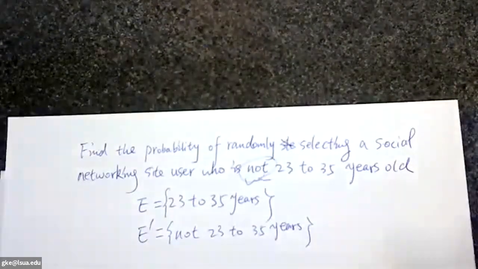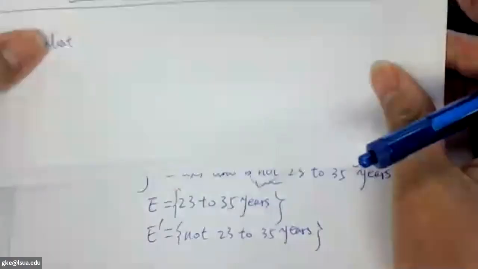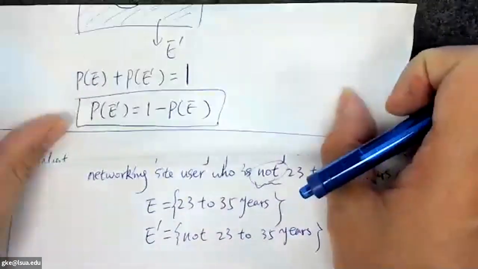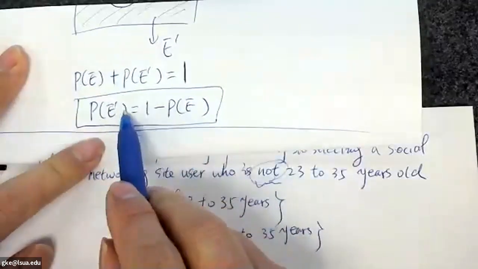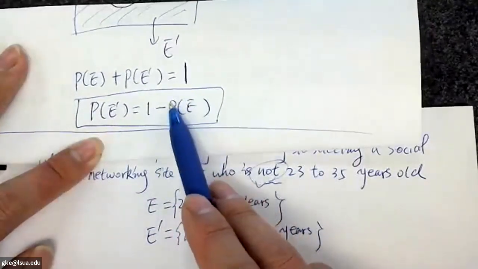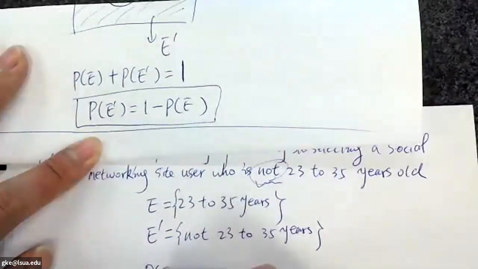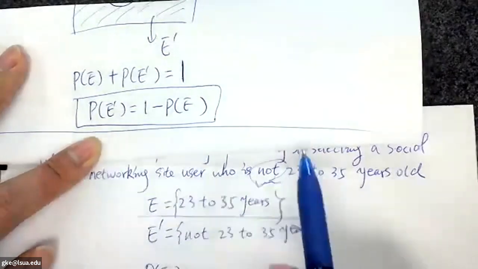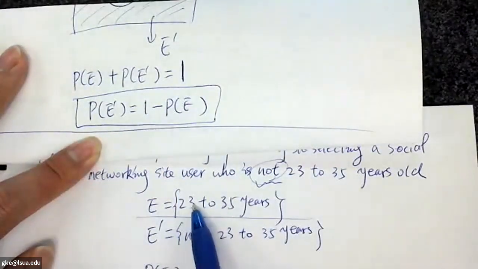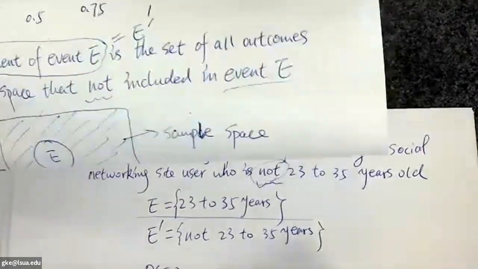So based on the formula, how to find the probability of E prime? P(E prime) is going to be 1 minus P(E), right? What is P(E)? P(E) is the age between 23 and 35, right? So we can calculate P(E) based on this table.